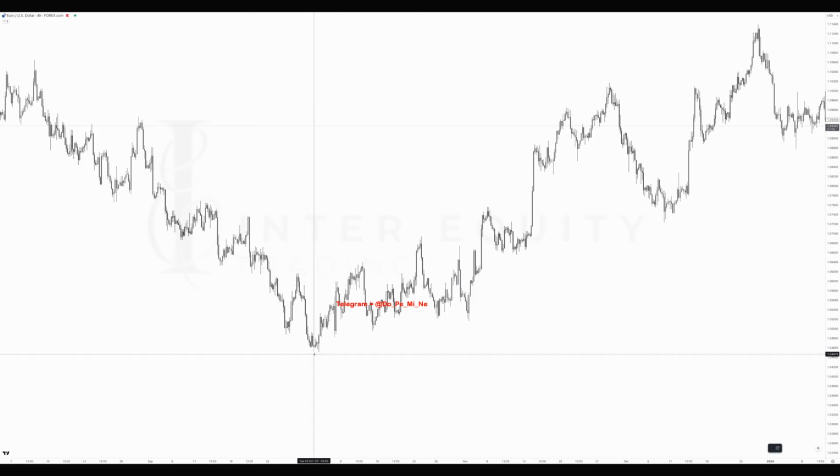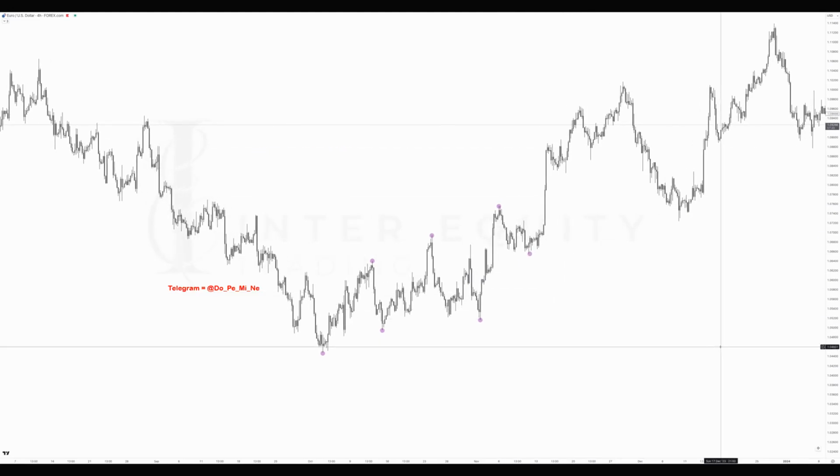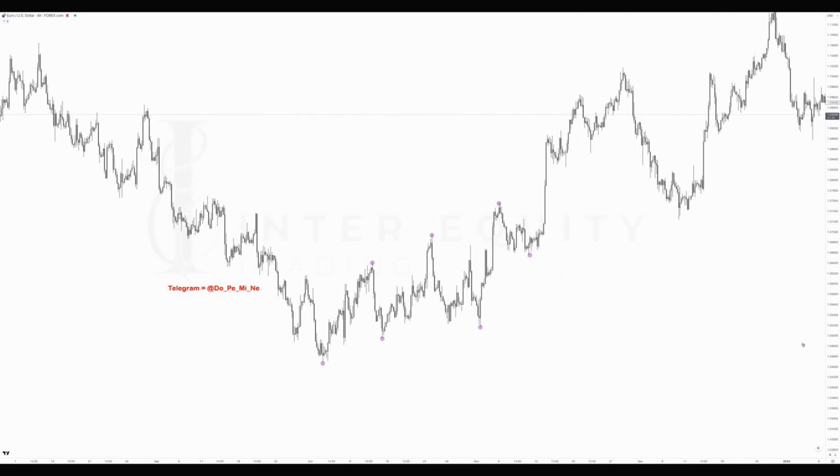So this is the low it started from, and then this is the high. This is the higher low, higher high, higher low, higher high, higher low, and so on and so forth. So this is an example of a bullish trend.